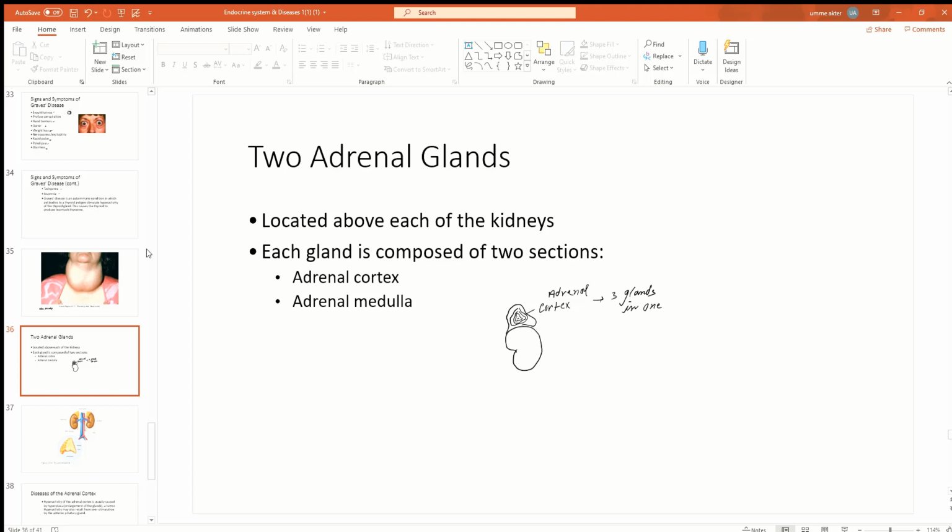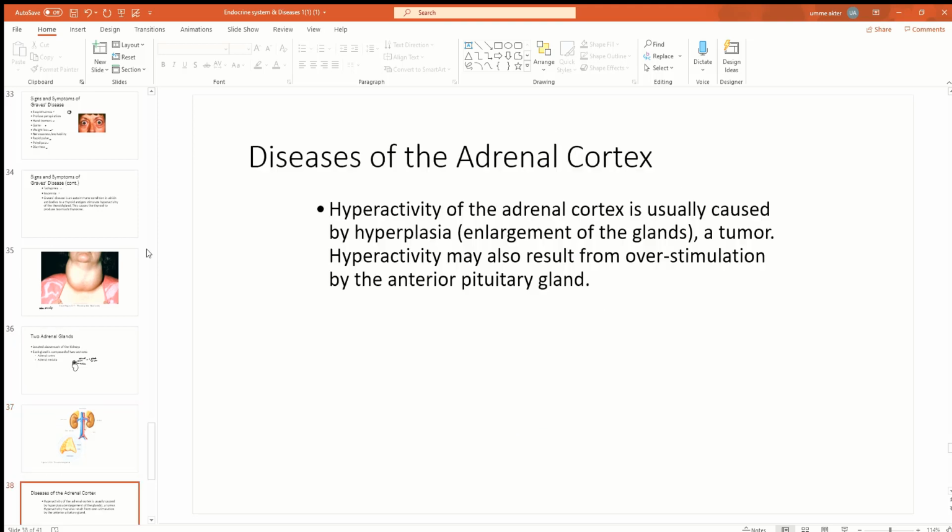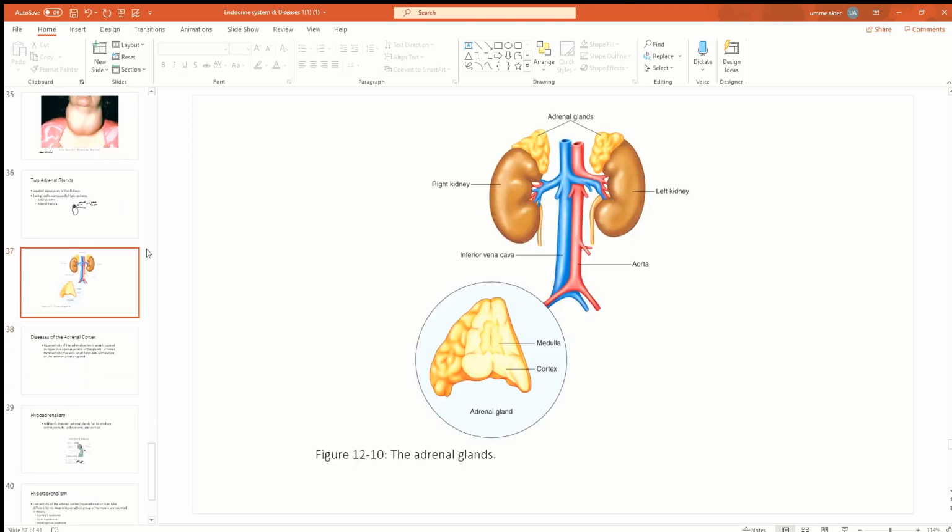And then the inner part is called the medulla. Okay. Now cortex produces three types of hormones from the three layers. Let me just mention, this is the adrenal gland, so this part is the cortex and this is the medulla.